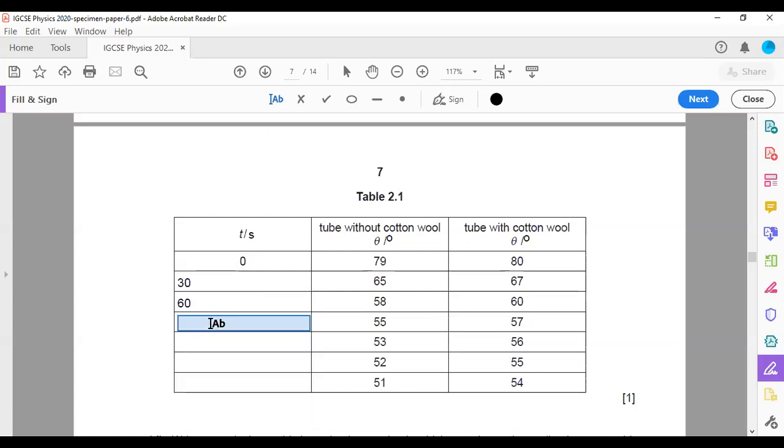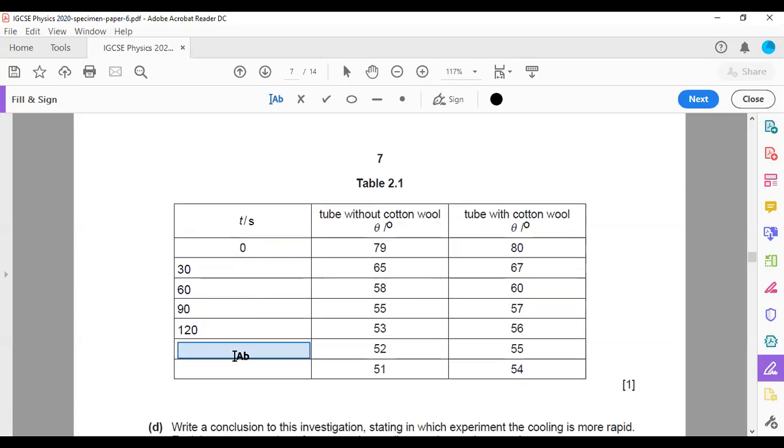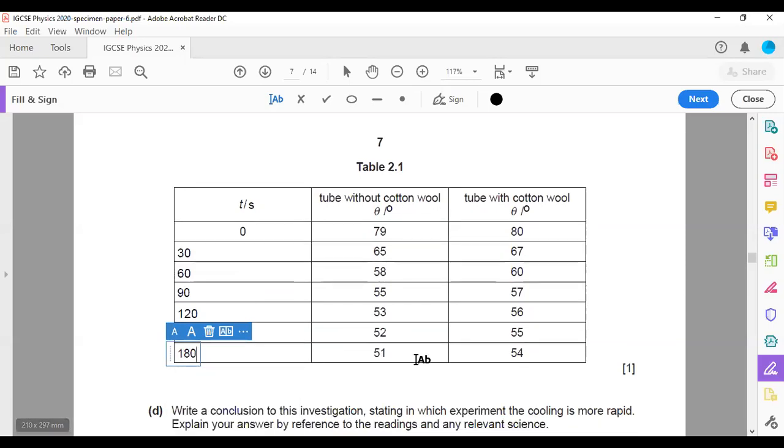Next 30 again, 60 plus 30 is 90. Next 30 again, 90 plus 30 is 120. Add another 30, that's going to be 150. Add another 30, that's going to be 180. Good.